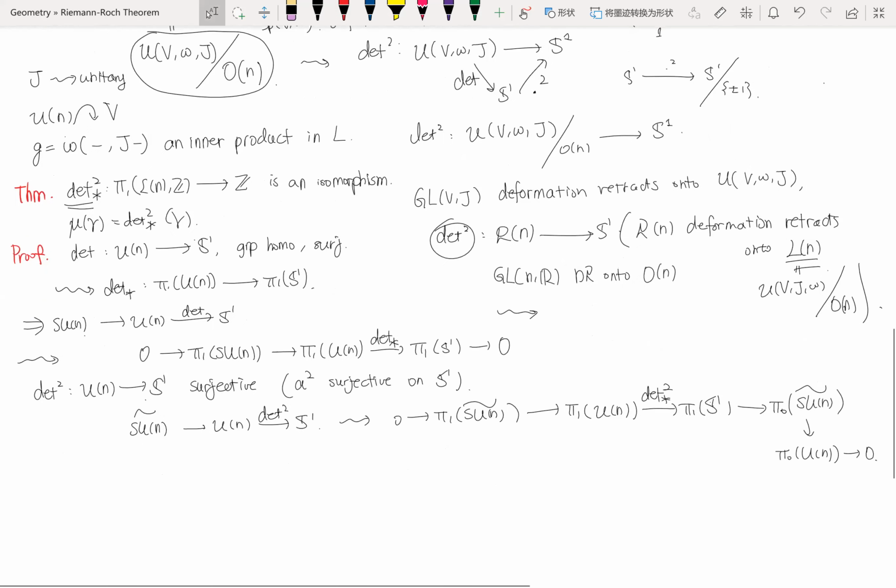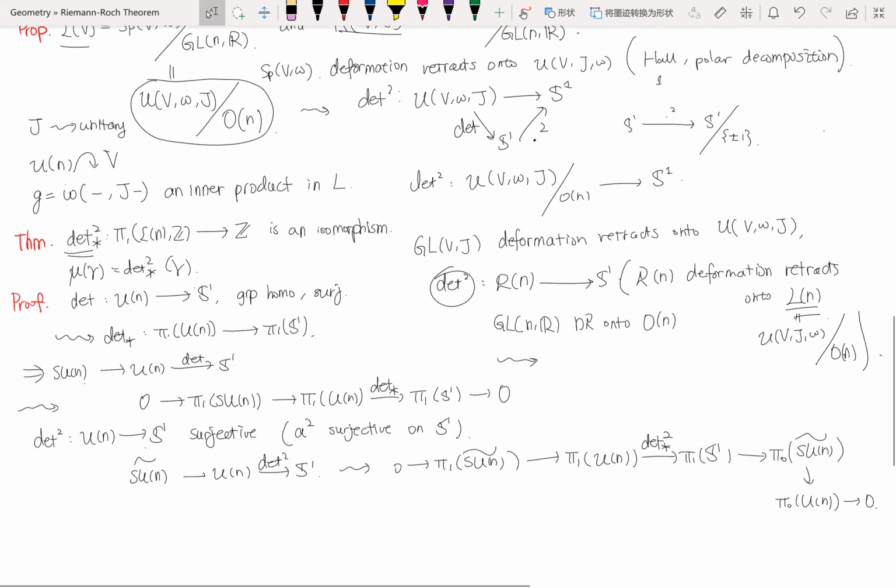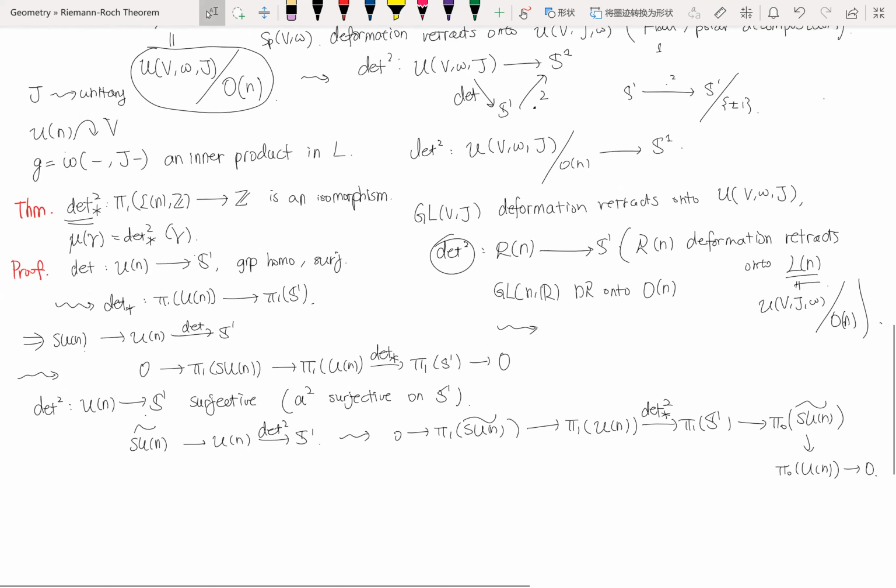Yes, so we obtain this exact sequence, and we know that since SUN has... So we know that SUN is the... so yes, we know that this is an isomorphism.